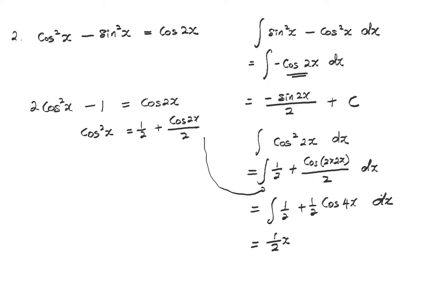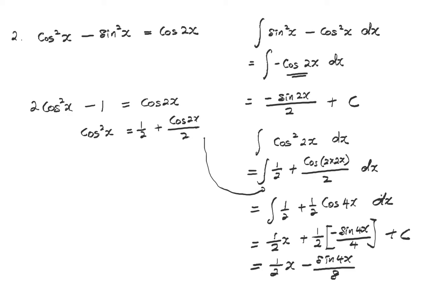I caught you. Half x plus, you integrate cos, you get negative sin 4x divided by 4 plus c. So the whole thing will be half x minus sin 4x over 8 plus c.